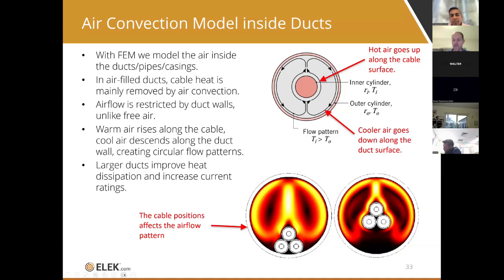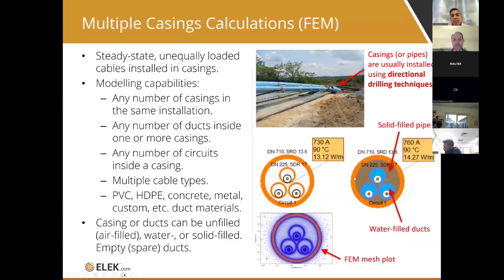It's not well modeled in IEC. Multiple casing calculations: you have to use FEM for this. You simply can't use simple analytical IEC calcs to model cables that are in ducts being pulled in pipes for horizontal directional drilling applications.